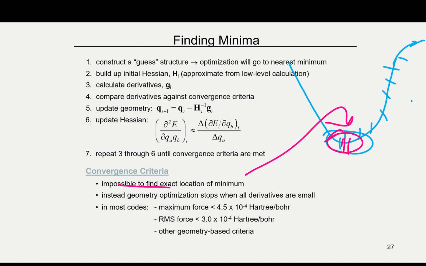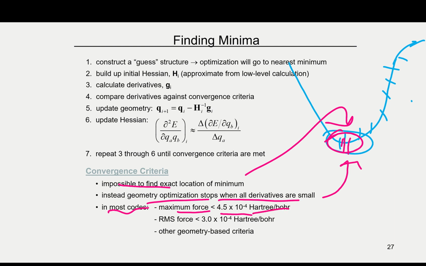Instead, geometry optimization stops when all derivatives are small. When all the derivatives are small, the geometry optimization stops, and that is your optimized geometry. In most codes, the maximum force is less than 4.5 times 10 to the power minus 4 Hartree per Bohr. You should remember this unit.